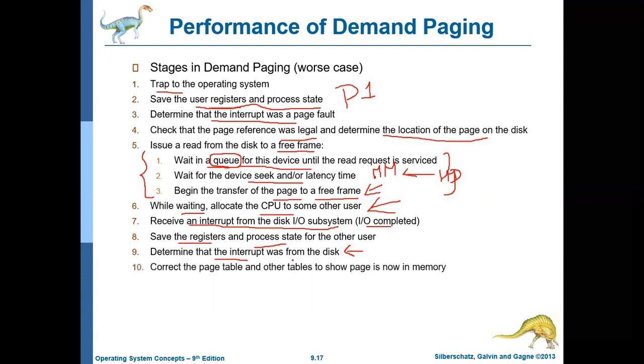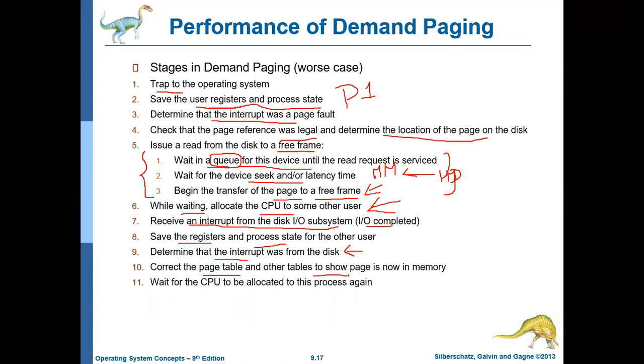If the interrupt is caused because of the movement of that particular frame from the hard disk to the main memory, then correct the page table, update the page table. That is, update in the page table the respective frame number for the corresponding page number, and also update the invalid bit to valid bit.